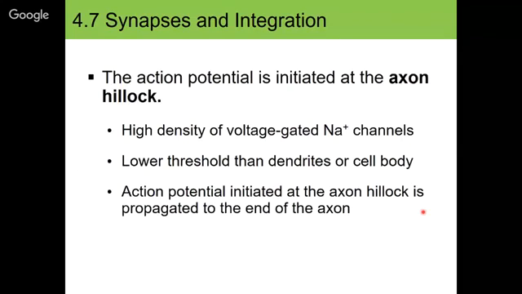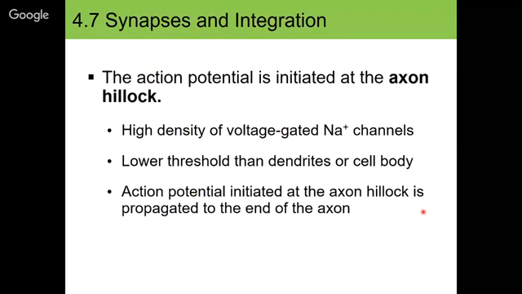Just to remind you guys that we've been looking at synapses, and threshold potential is not uniform throughout the postsynaptic neuron, okay?